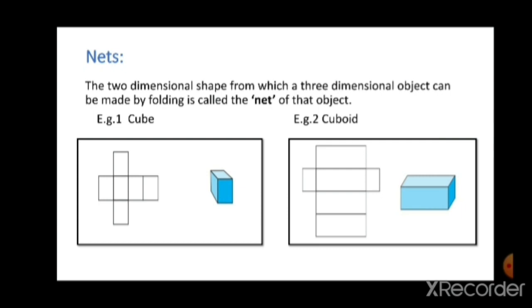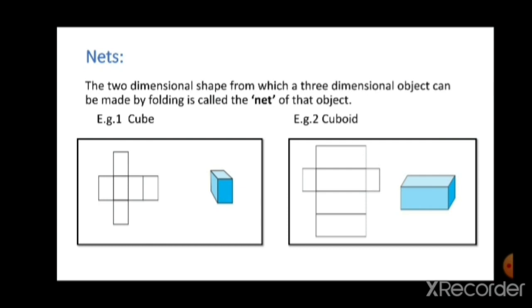So the difference between the two diagrams is, in the first diagram, they have shown you the net of 6 squares. All the 6 boxes are square, so you will get the cube.